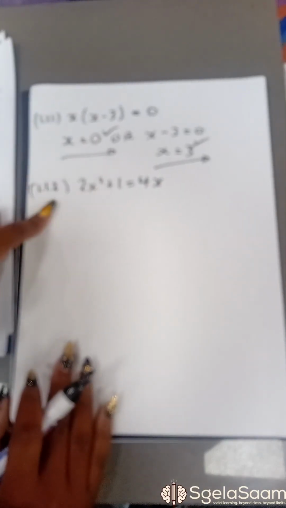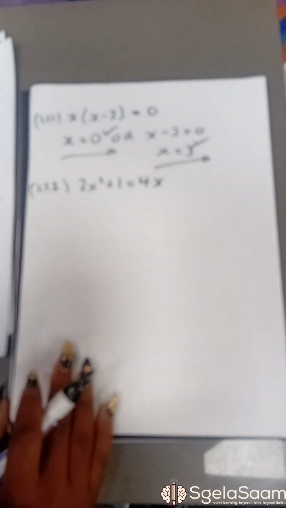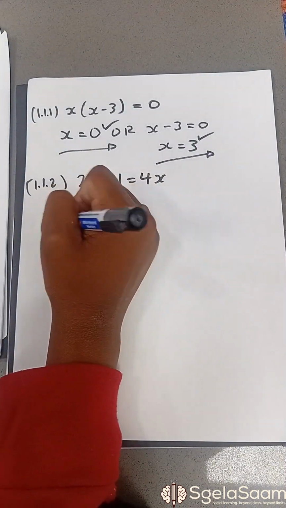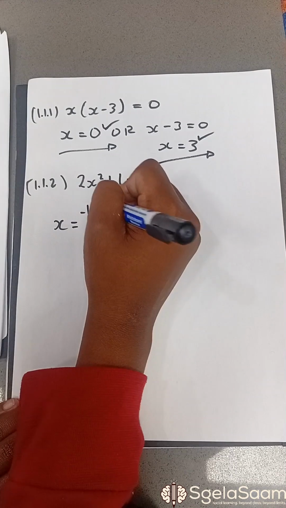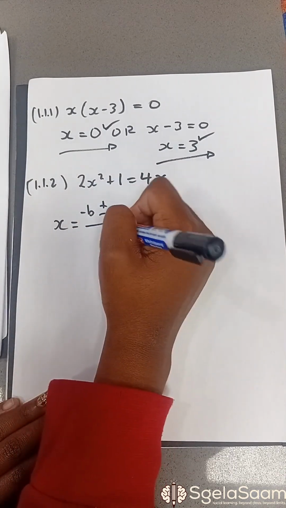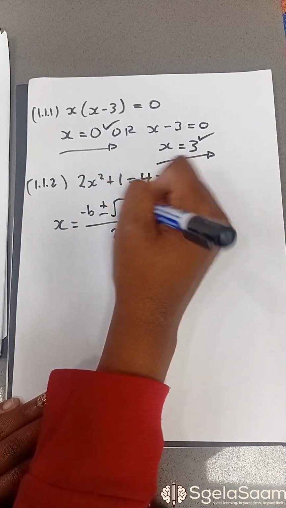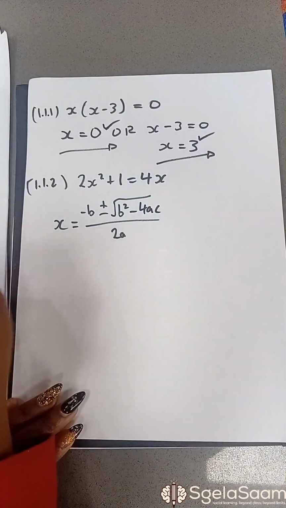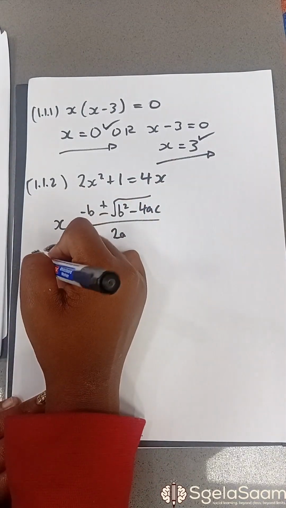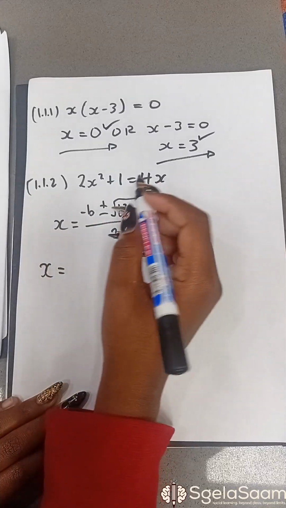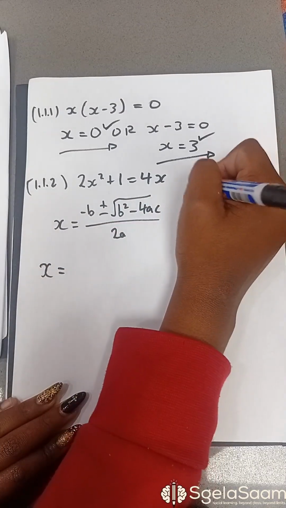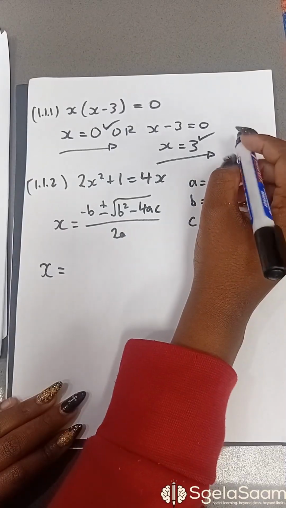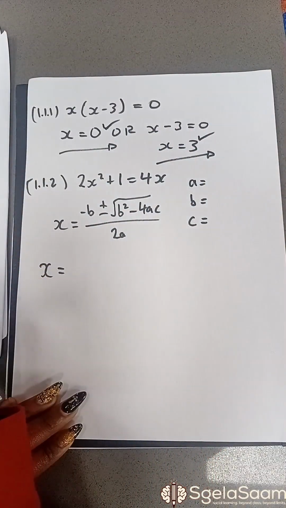You'll have to use the quadratic formula, and we will find our answer in decimal form. That is why we need to correct it to decimal form.